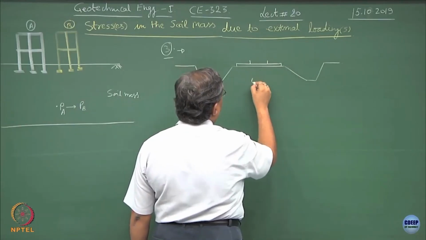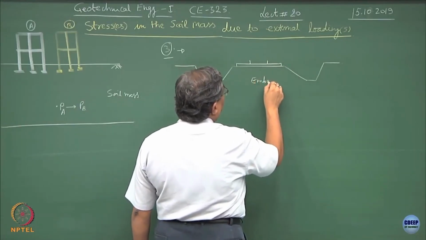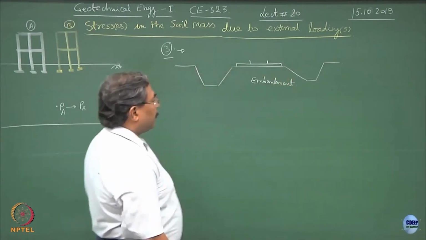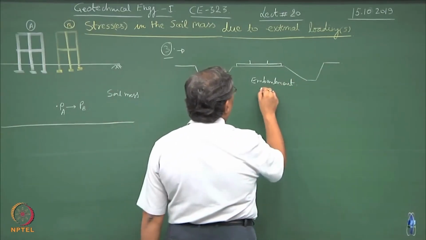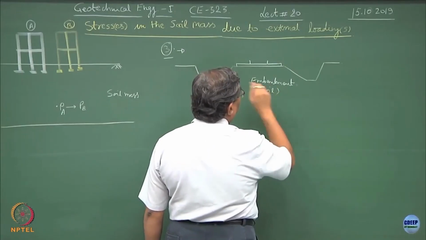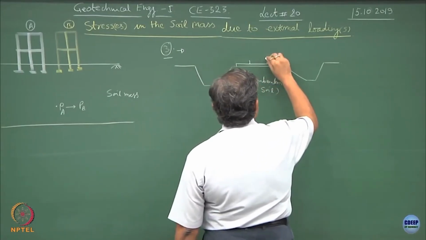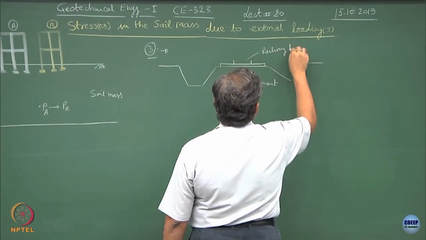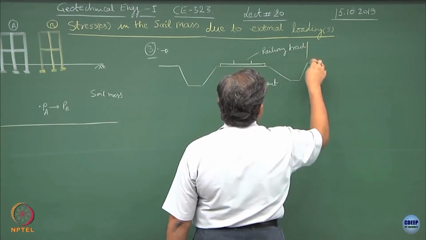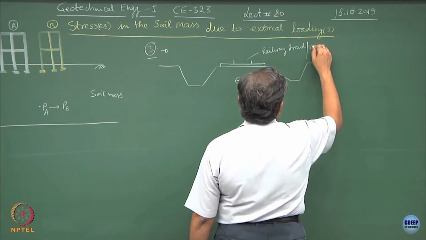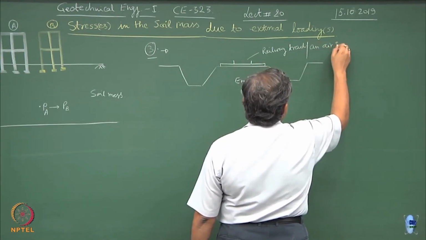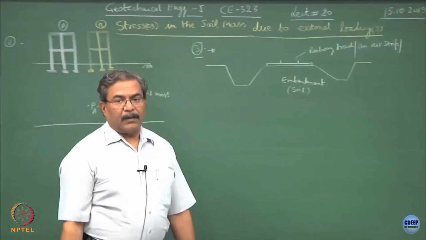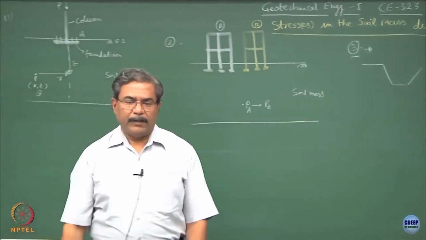It is an embankment made up of soil, and this is the railway track. It could be an airstrip also, or this could be a highway, a pavement.